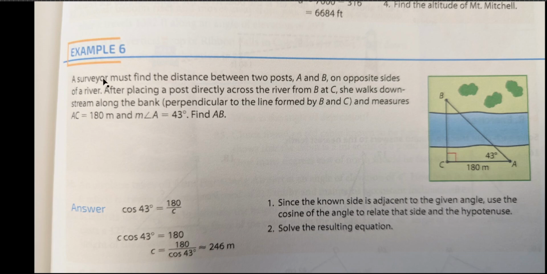So a surveyor must find the distance between two posts, A and B. The problem is A is over here on one side of the river, and B is over here on the other side of the river. What they have to do is figure out that distance from A to B. Now, they're not going to swim across the river with a tape measure, one guy holding the tape measure and one guy swimming across with it.